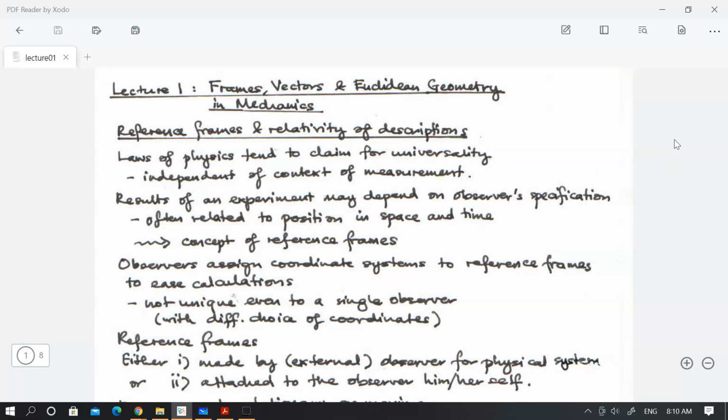If it's on the Earth or on a satellite, then you expect the laws of physics to be the same. There might be some more exotic things happening in space, but whatever the laws of physics are, in this particular case about space and time, we claim that this must be universal in some context. The next statement is independent of context.